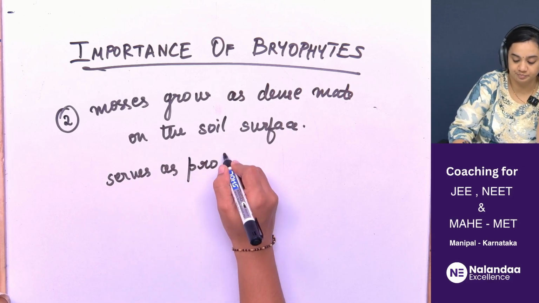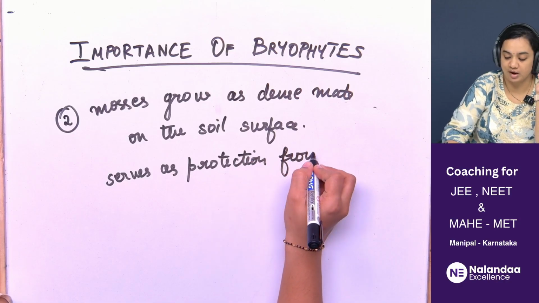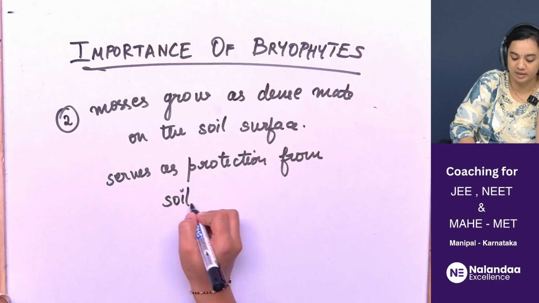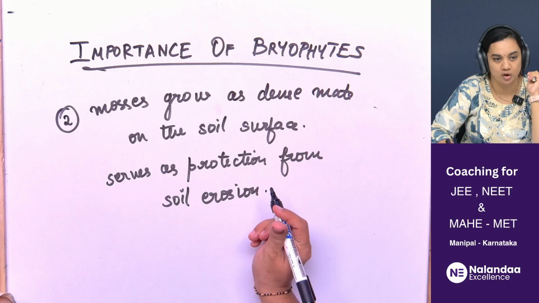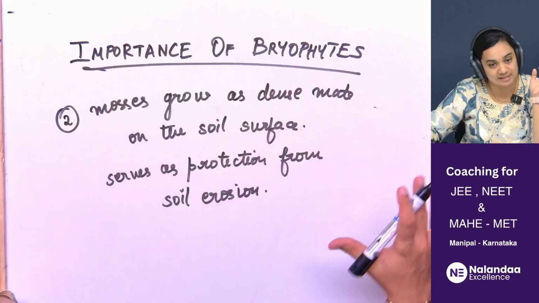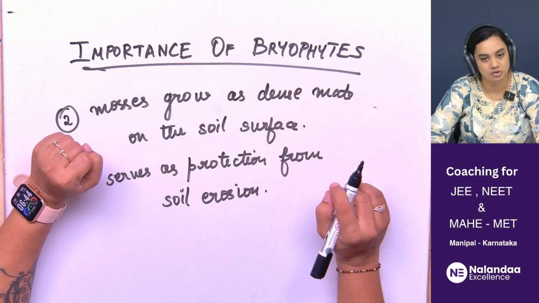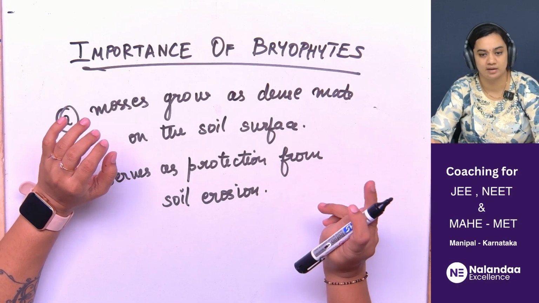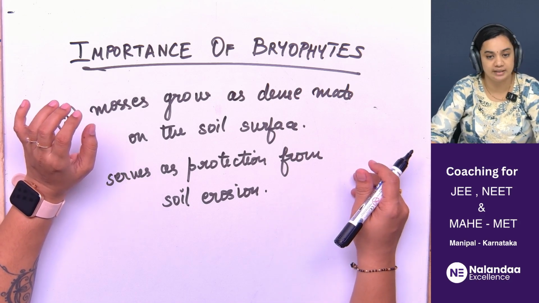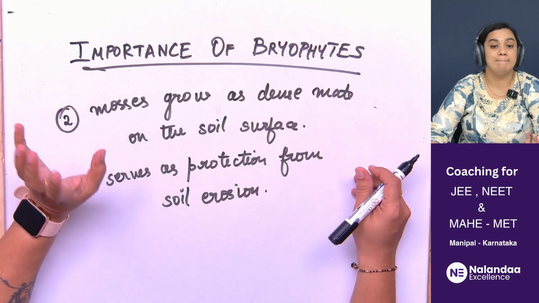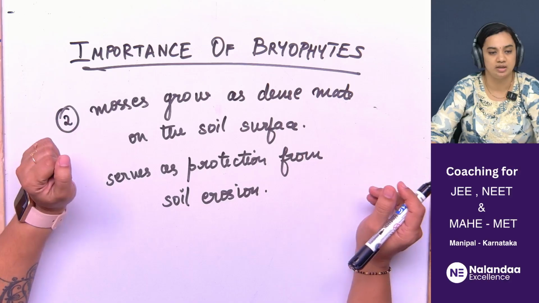From what? It serves as protection from soil erosion, wind and water erosion. So it acts as a binding agent of soil, holding it and preventing it from getting eroded by wind or water. Okay, so this is one more great ecological importance of bryophytes. So bryophytes are of little economic importance but great ecological importance.